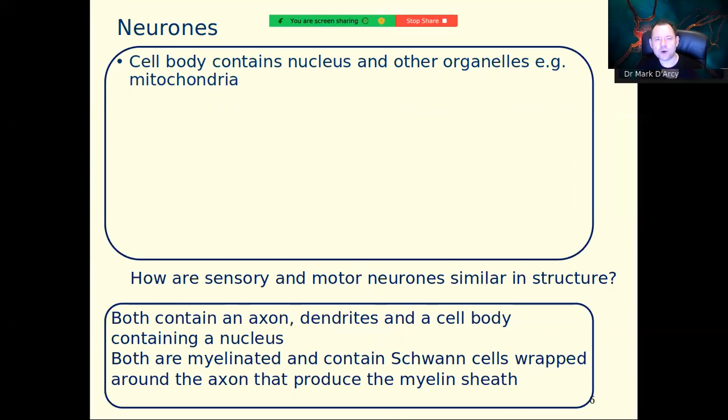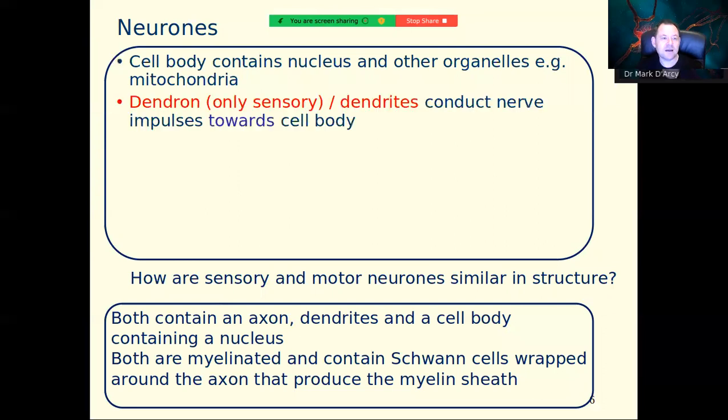Now, the cell body contains a nucleus and other organelles, e.g. the mitochondria. Mitochondria are the powerhouses of the cell. Some neurons contain dendrons, only sensory neurons, as it happens, that conduct nerve impulses towards the cell body.